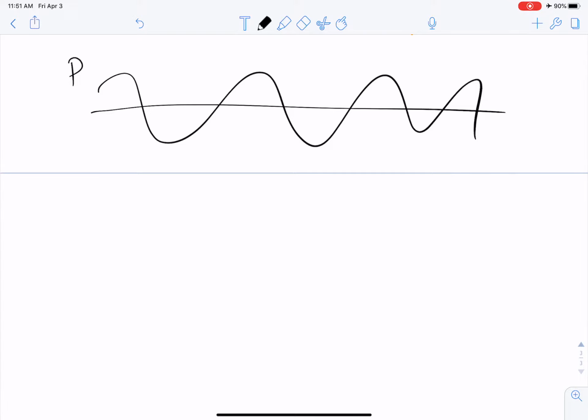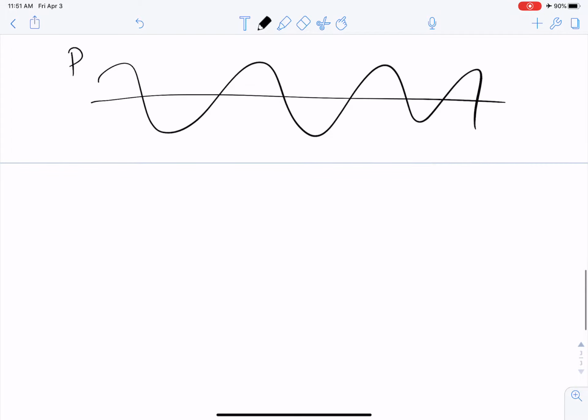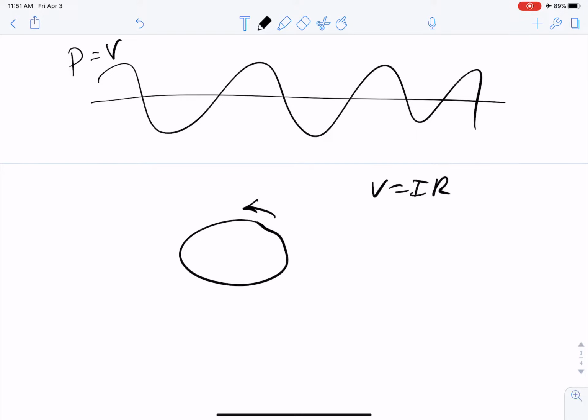So what you do is you take that voltage and you send it through a loop. Now we have a current that varies with the voltage.